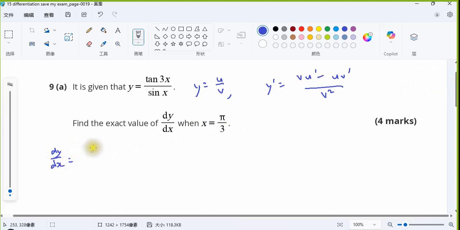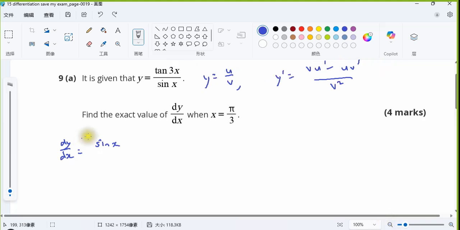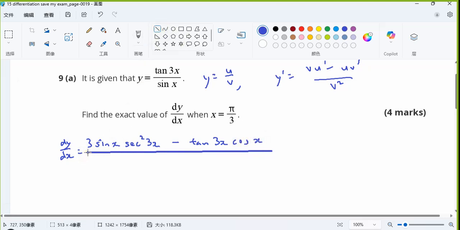So dy/dx will be sine x and then 3 secant squared 3x minus tangent 3x cos x, over sine squared x.